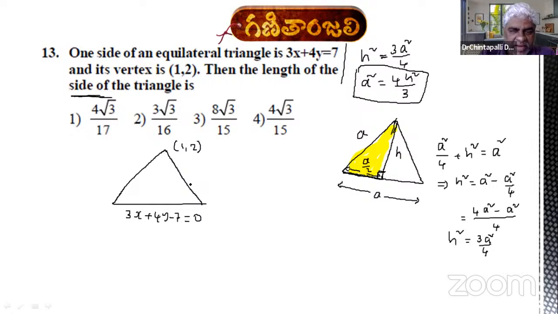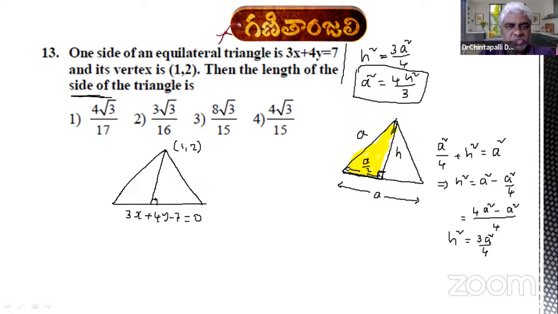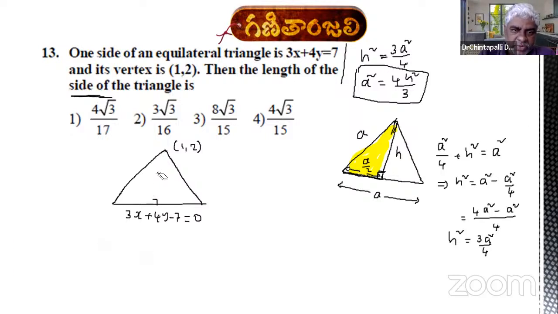The vertex is given and one of its sides is given, so we can find its height. Which formula is used? The perpendicular distance formula. By using it, we can find its height h.